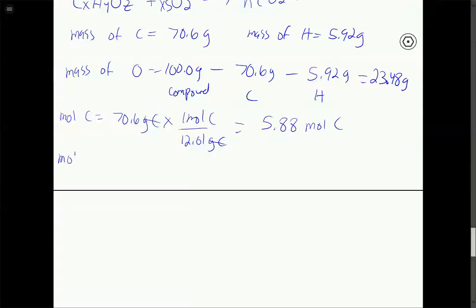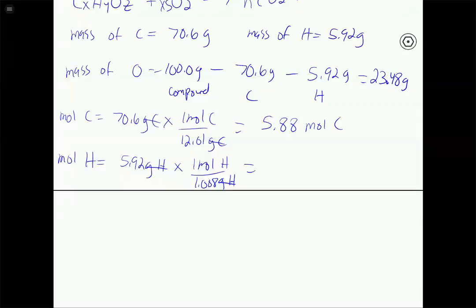Moles of hydrogen: we have 5.92 grams of hydrogen, and we use the atomic mass of hydrogen, which is 1.008, to tell us we have 5.87 moles of hydrogen, so pretty much the same.